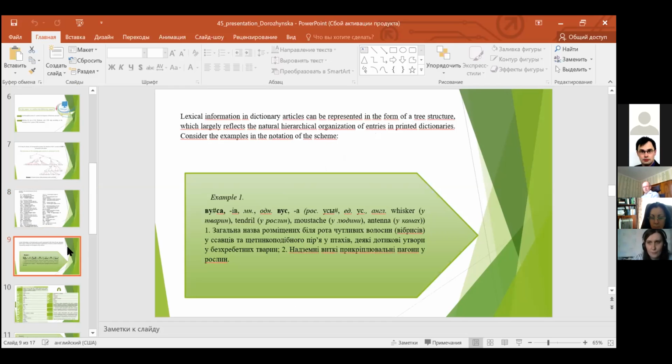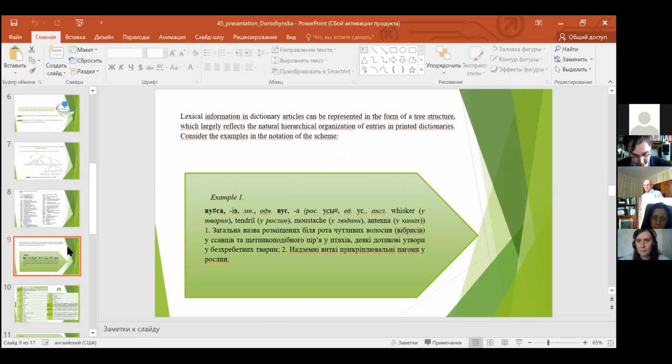Lexical information in dictionary articles can be represented in the form of a tree structure, which reflects the natural hierarchical organization of entries in printed dictionaries.